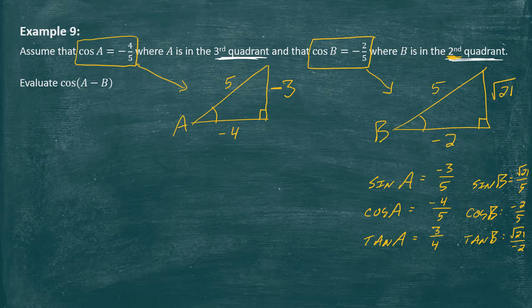But anyway, if we go back to our formula, the question at hand wanted us to figure out what cosine of A minus B is. So that formula-wise is cosine of A times cosine of B, added with sine of A times sine of B.